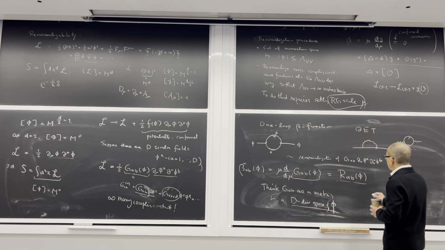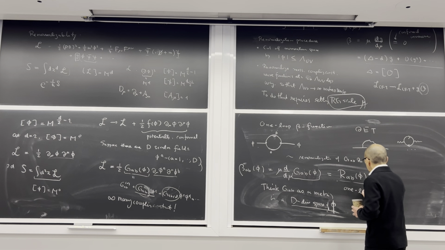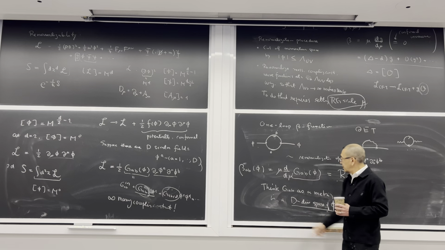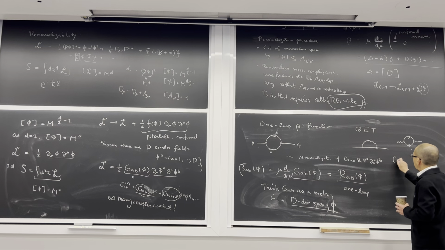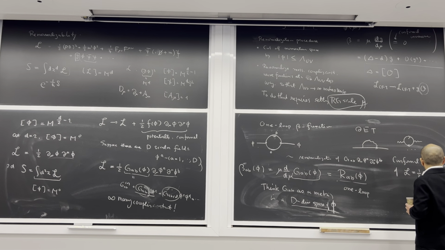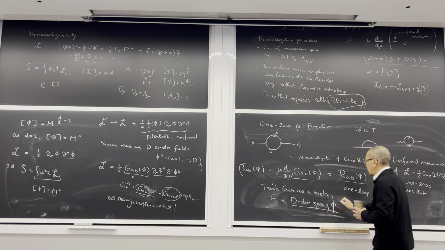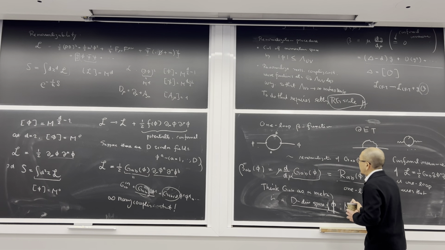So this is actually one loop. If you do a one loop beta function calculation like this, then you find that the beta function is actually the Ricci tensor. That means that conformal invariance of this theory at one loop requires that this d-dimensional space, which we call M, did I use M for something else?